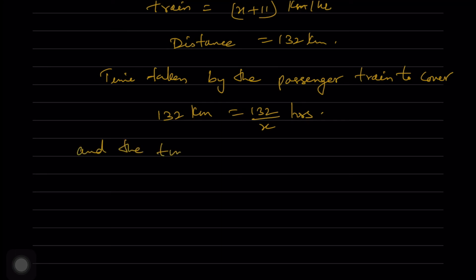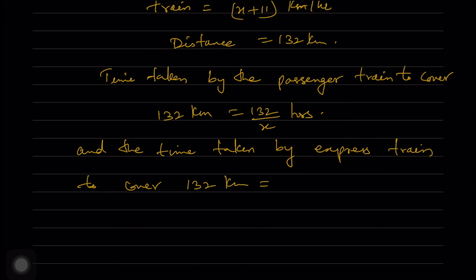And the time taken by express train to cover 132 kilometers is equal to 132 divided by x plus 11 hours.